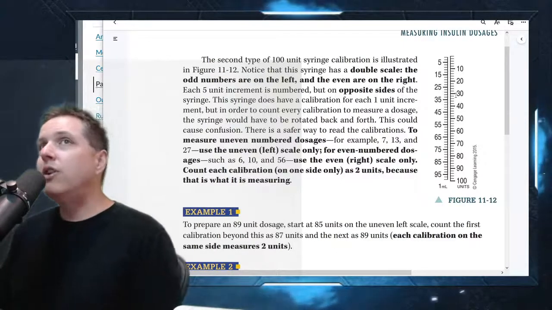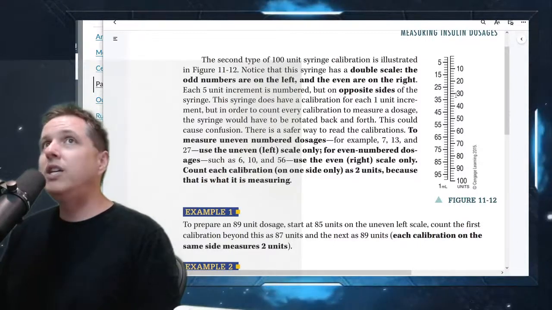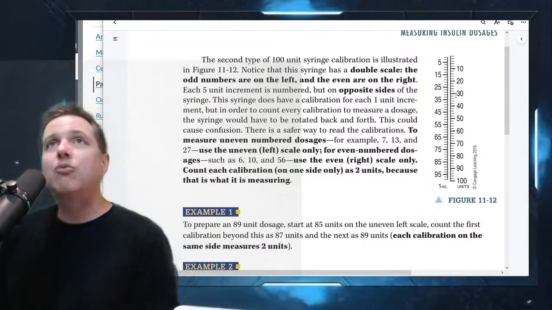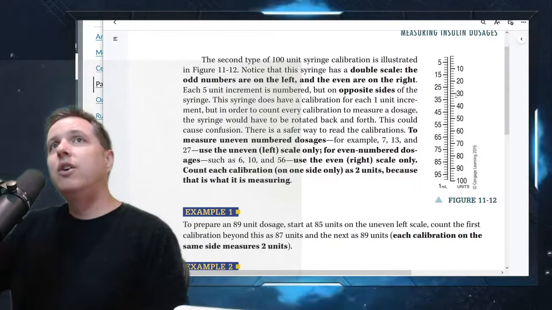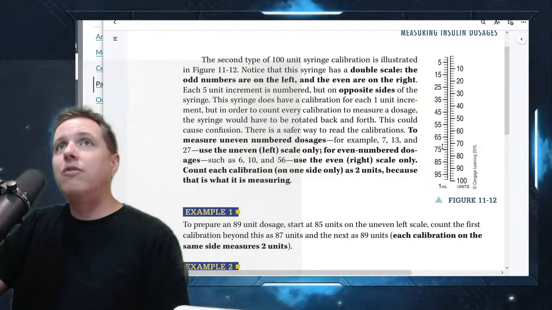Well, that's fine as long as you're supposed to give an evenly numbered dosage. Well, what if you need to give an odd numbered dosage, right? You don't really want to eyeball it. You want to be able to get it exactly right. So what they've done on the left is they've given you the odd version.